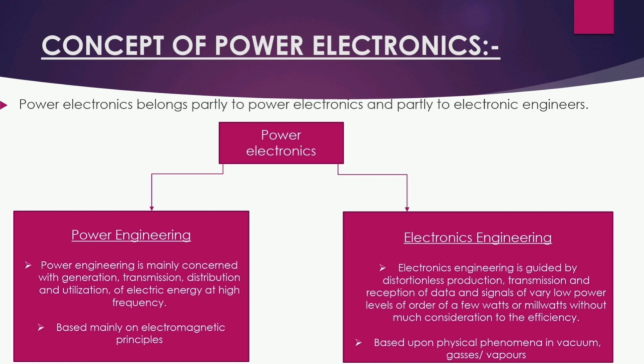Power engineering is also based mainly on electromagnetic principles, while electronics engineering is guided by distortionless production, transmission, and reception of data and signals of very low power levels, of the order of a few watts or milliwatts, without much consideration to the efficiency. Electronics engineering is also based upon physical phenomena in vacuum, gases or vapor.